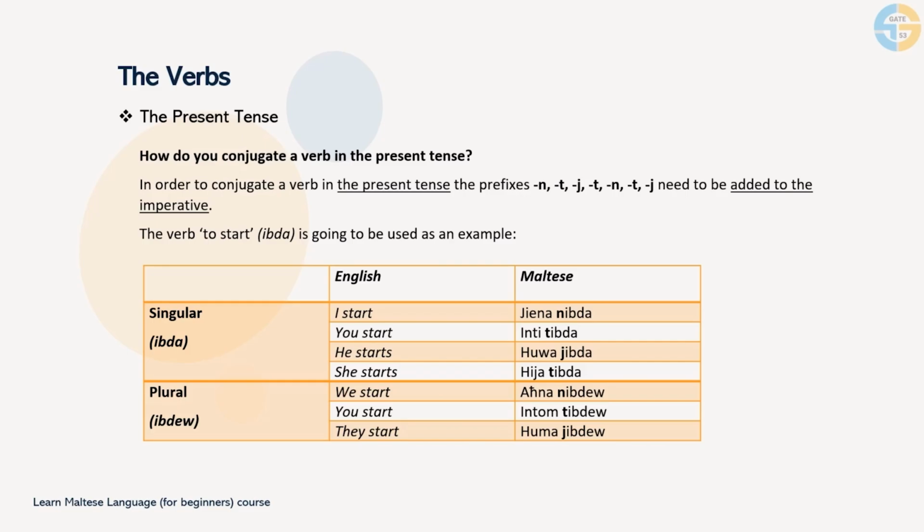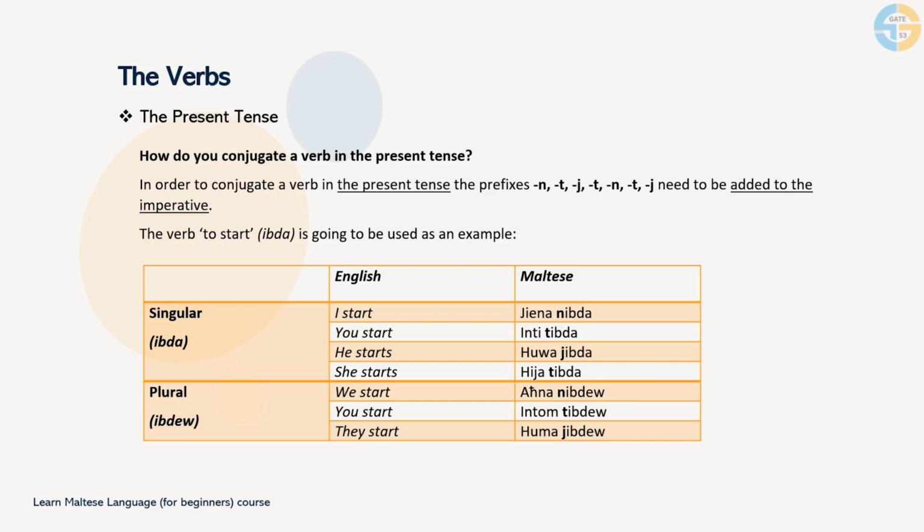We have this table with the English and Maltese versions, and we have the singular and plural. Let's start with the singular. The imperative verb is ibda. In English we say I start, and in Maltese we say jiena nibda.